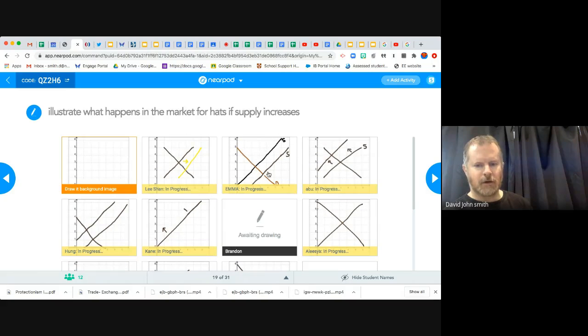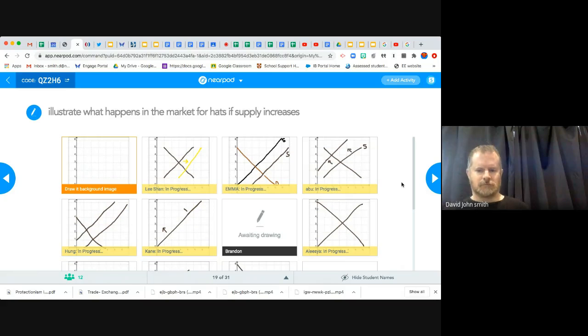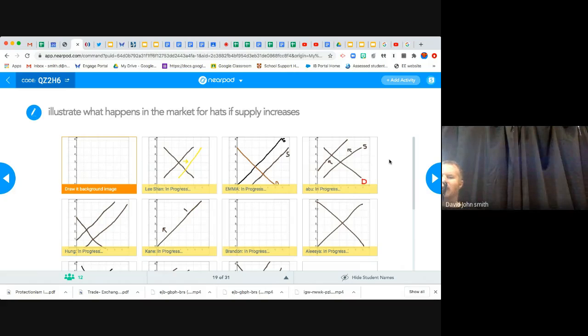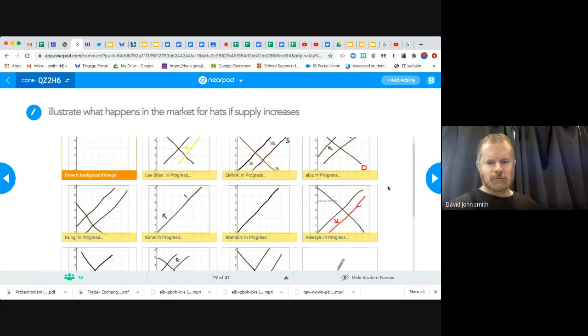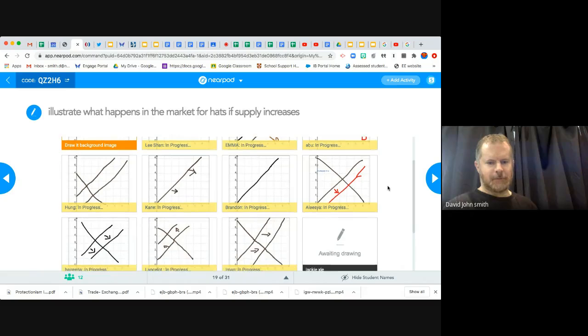Good labeling going on over here. Well done. Yeah, remember we're wanting to see the supply curve shift to the right. It's an increase. That's it, Kane. Well done.